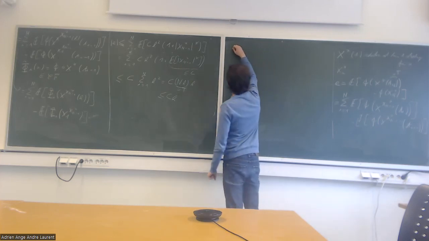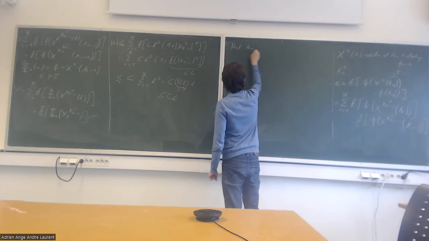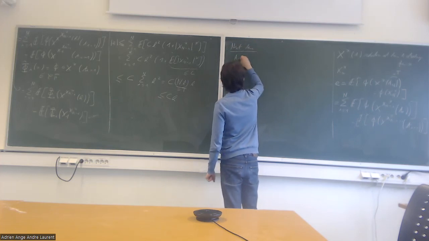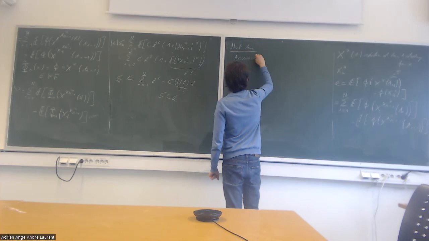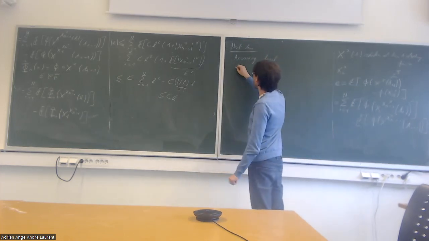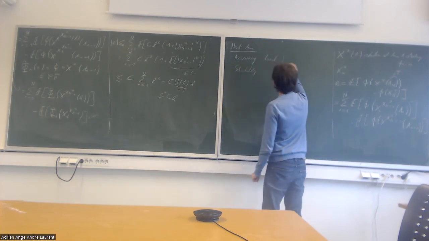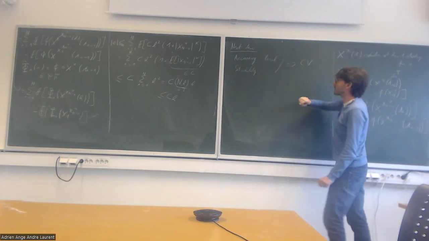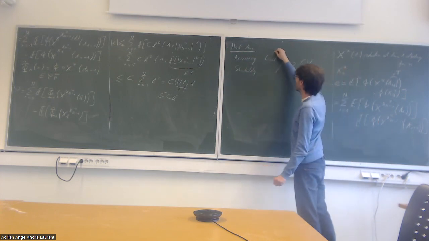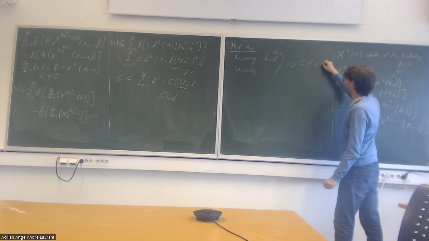So what we see is that if you have some accuracy that is local, if you have some stability, then you get a convergence. If you have order p accuracy, then you get convergence of order p.